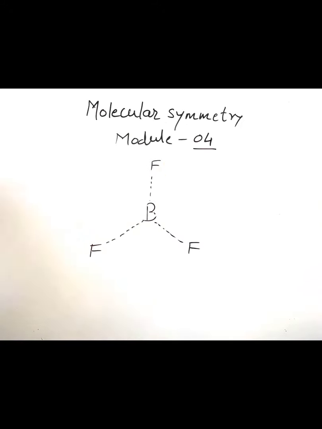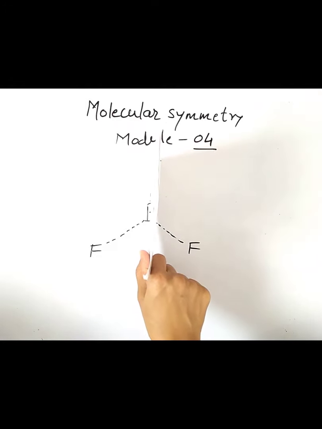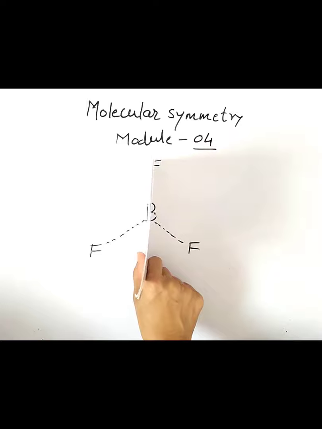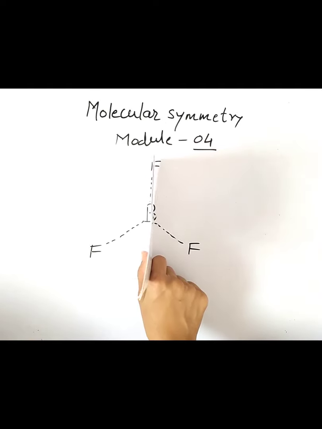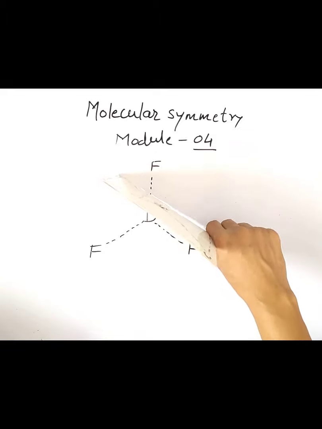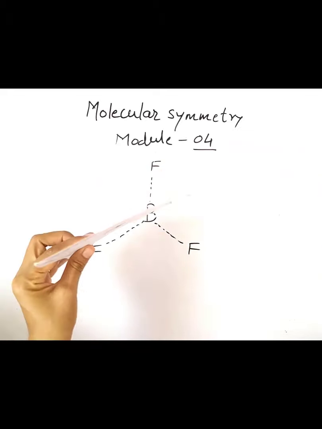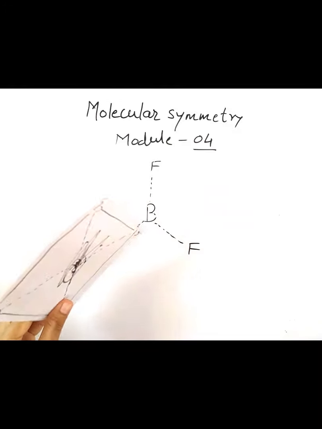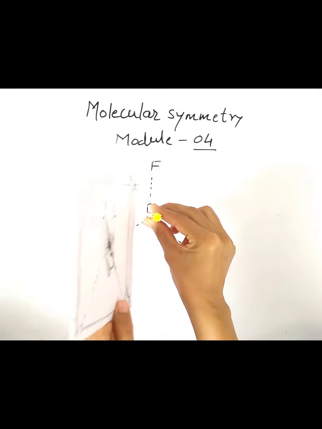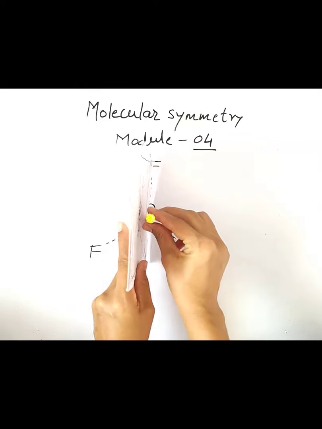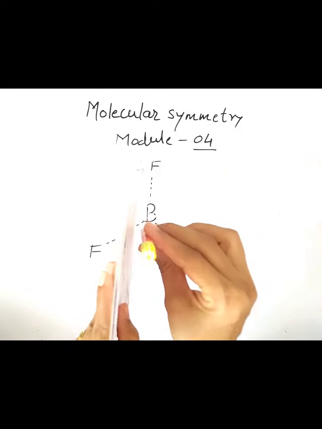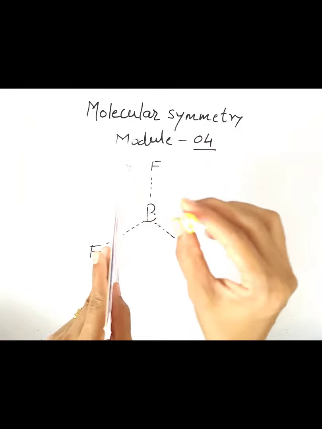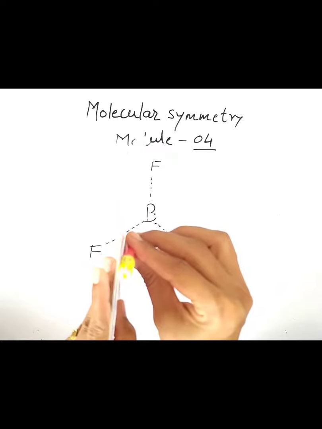And how have we passed the plane from this? It was first like this, from this fluorine and boron, this was the plane first, this was the plane second, and this is the plane third. Now tell me the position of this principal axis and this plane with respect to each other. They both are parallel to each other. They have the angle of 0 degree among them.